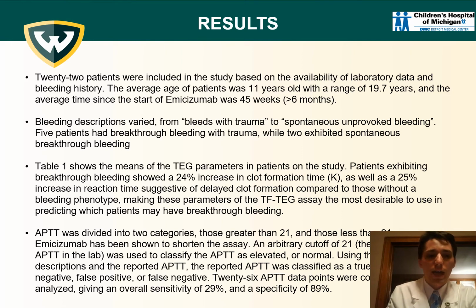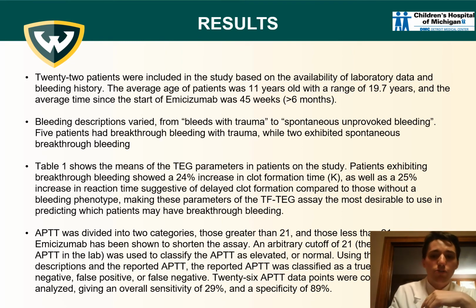We also got the APTT from the charts just to try and characterize it. We used the cutoff of 21 to describe patients with a prolonged or normal PTT. And then we compared that to their bleeding profiles to see if they were bleeding or not bleeding. Based on the PTT and their bleeding profiles, we were able to describe true positive, true negative, false positive, and false negative.